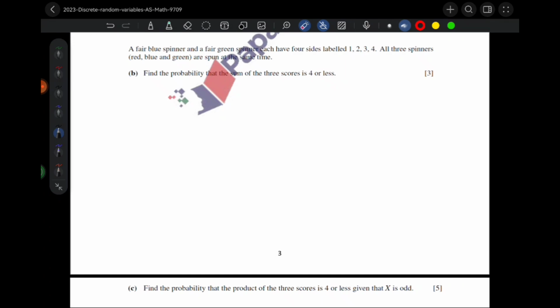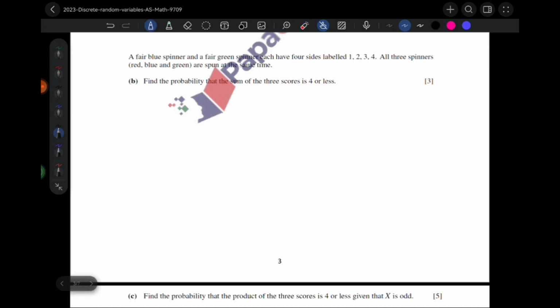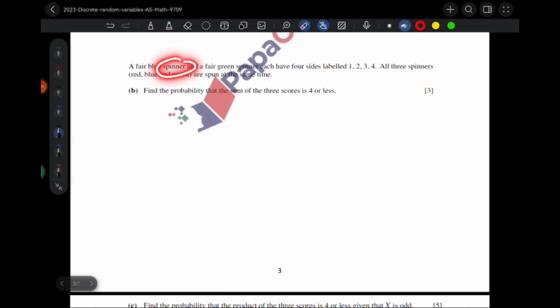For this question, the score is 4 or less. Because all of these spinners have outcomes 1, 2, 3, 4, the minimum sum that can be produced is 3, which is 1, 1, 1.